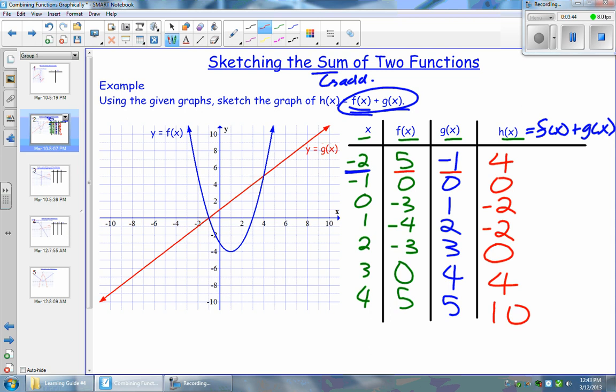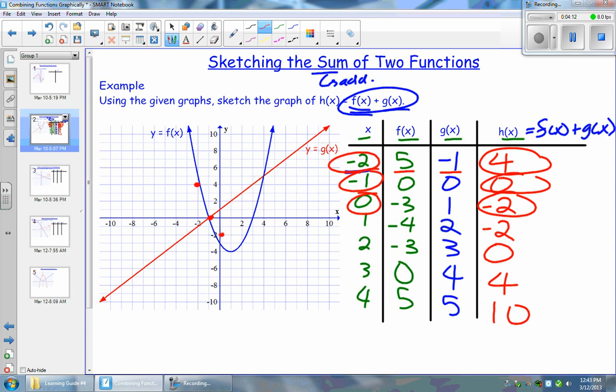From here, you just plot your points. But what are you plotting here? Well, here are my x values, and here are all my y values. The first point we're going to plot is -2 comma 4. So right there. Next point is -1 comma 0, which is right there. Then 0 comma -2 is right there.